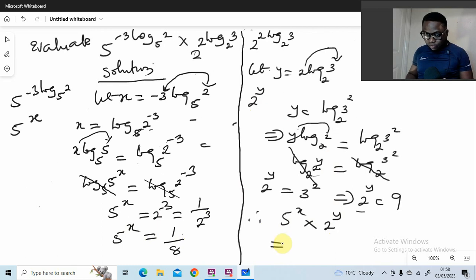This will give us what? 5 exponent x is 1 over 8, multiplied by 2 exponent y, which is 9. That will give me 1 over 8 times 9, that is 9 over 8. 9 over 8 is what? One whole number and 1 over 8. This is the answer.